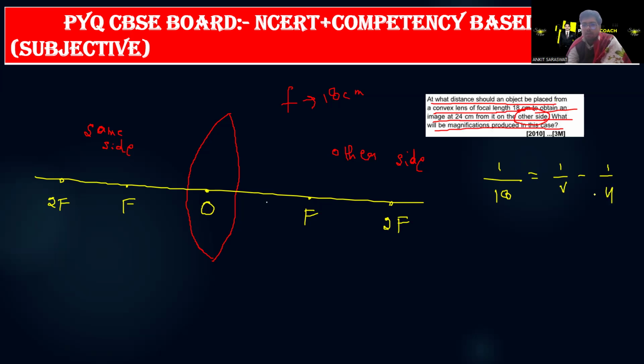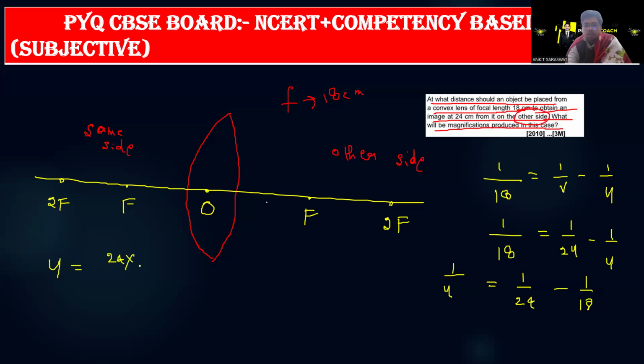So they are asking u actually. So 1 upon 18 is equal to 1 upon 24, because it is other side, minus 1 upon u. So 1 upon u will be 1 by 24 minus 1 upon 18. So once you solve, it will be 24 into 18 by 18 minus 24.